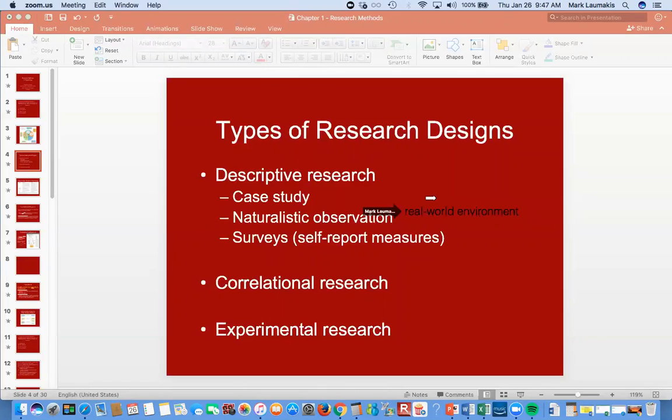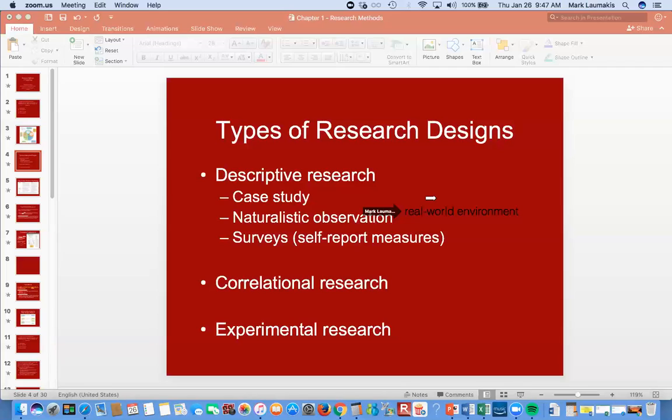Let's say you're an industrial organizational psychologist and you want to study interaction patterns during staff meetings at some large corporation. Well, to do it in a naturalistic observation way, you go into those boardrooms, into those conference rooms, and you sit and you watch people during those meetings, okay?